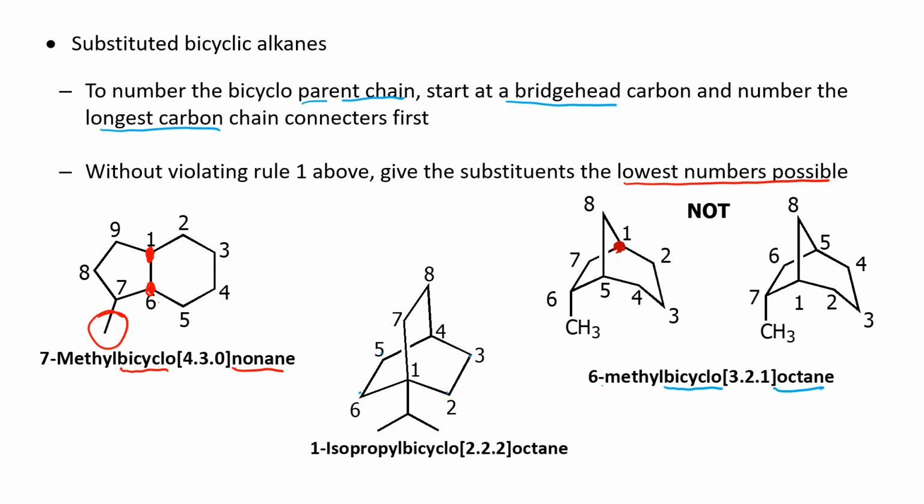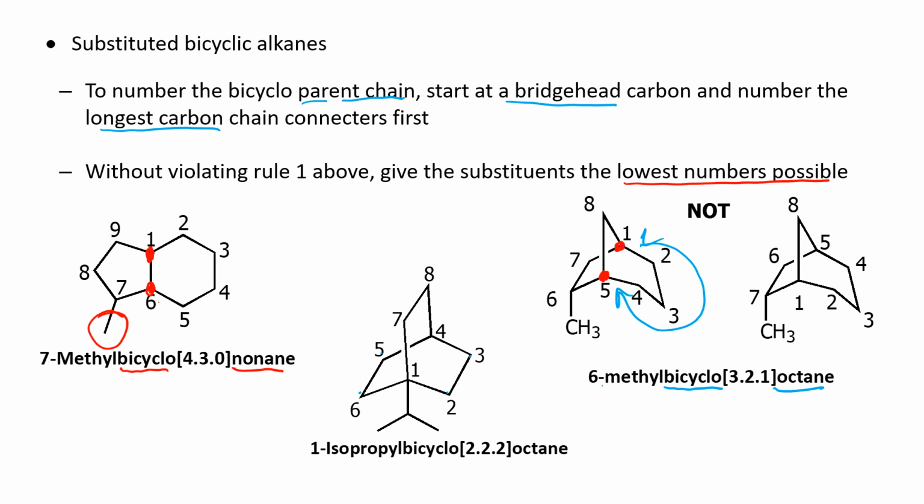Remember I have to start at one of the bridgeheads, and I have to go around the longest path first. So I definitely have to either start that way or count around that way, because that's the longest path.